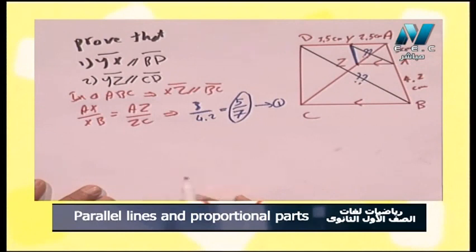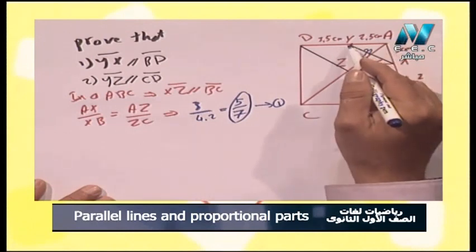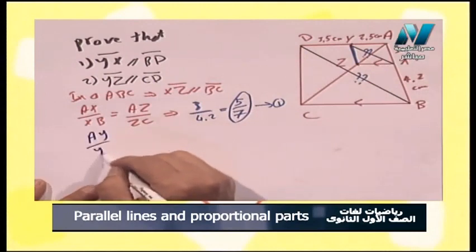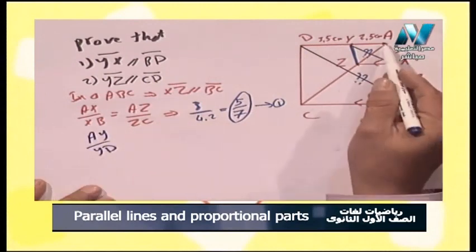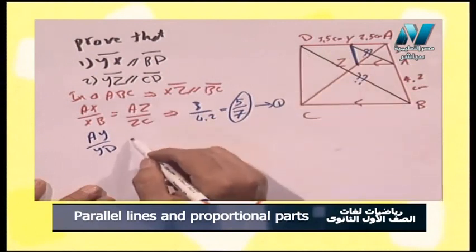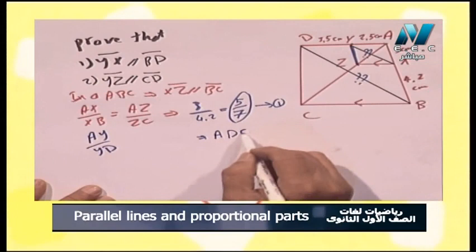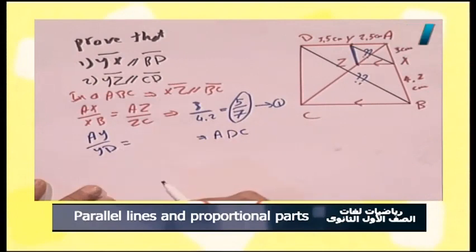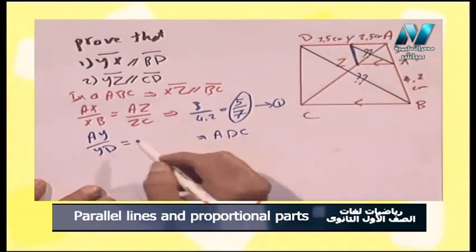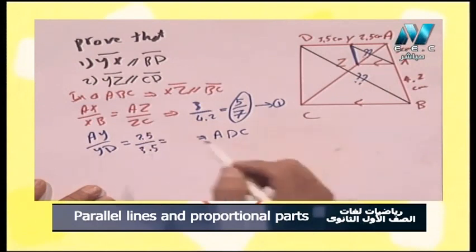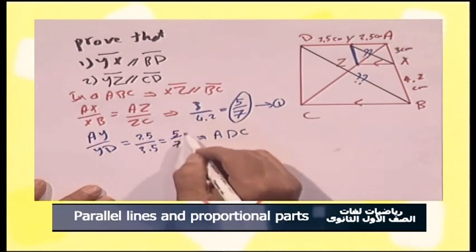And AY over YD, that's in triangle ADC. YA over YD equals 2.5 over 3.5, and also equal 5 over 7.